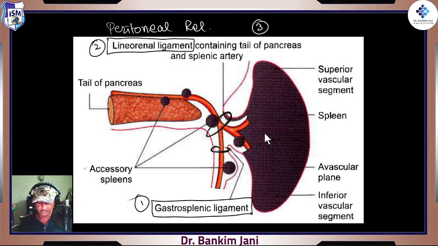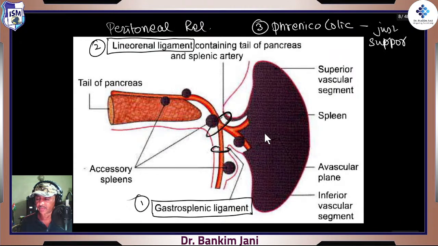One was gastrosplenic, second is linorenal, and third is phrenicocolic. Now phrenicocolic is between diaphragm and colon. What it is doing over here is just support.